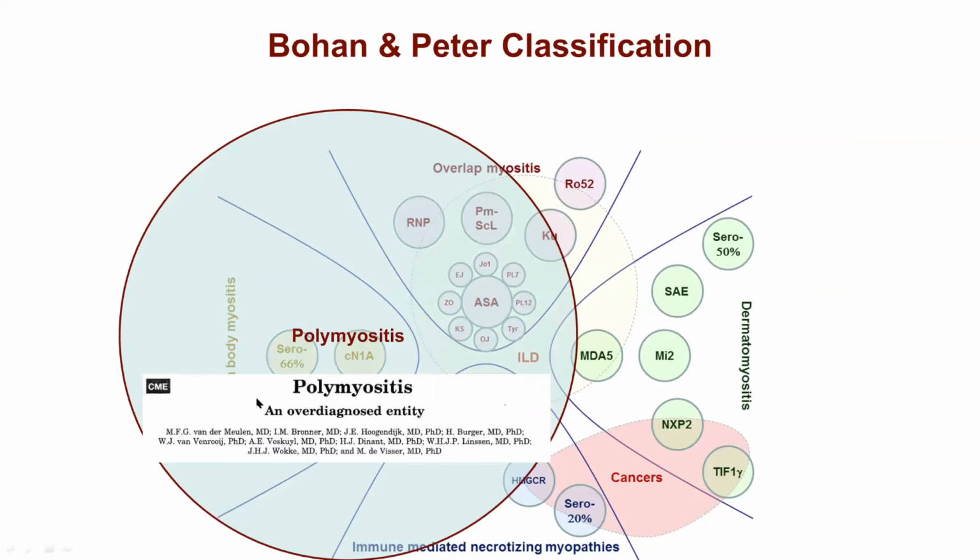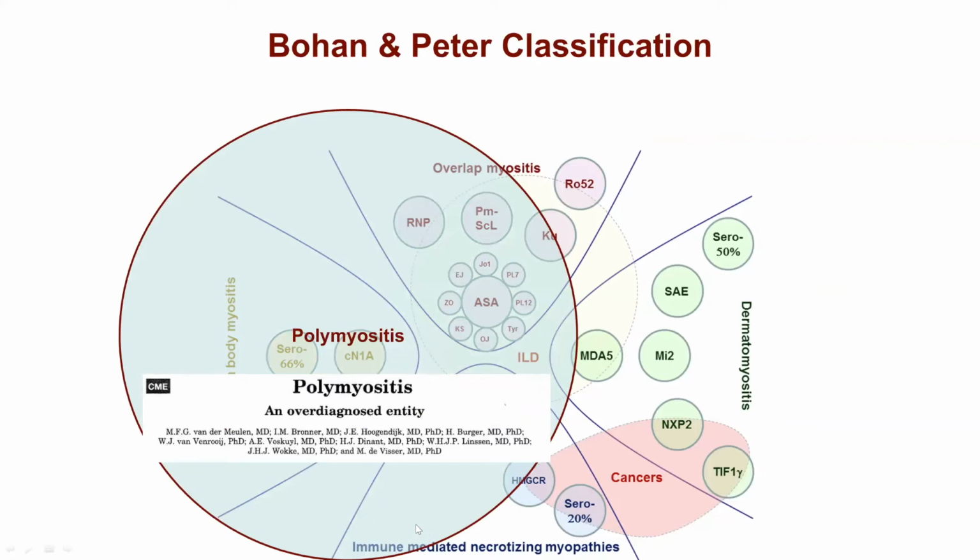If you come back to the classification of Bohan and Peter, you can see that polymyositis at that time regroups the antisynthetase, the overlap, the inclusion body myositis, and the immune-mediated necrotizing myopathies.